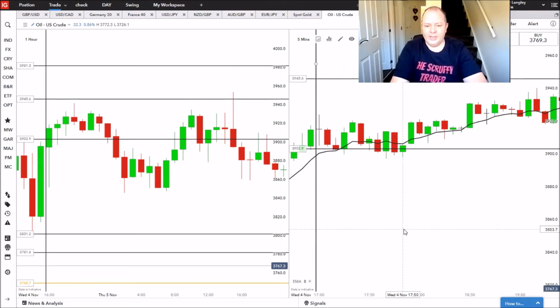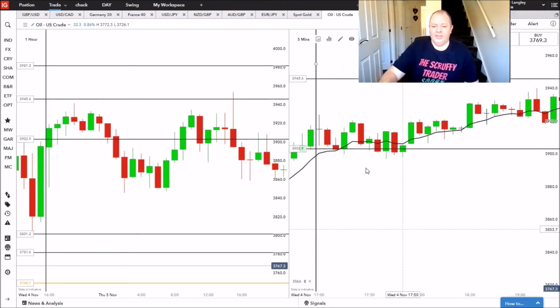Well, it's fast enough to give you a signal, but slow enough to keep you out of the noise. And if you ever do any reading on Japanese candlesticks, they were made up from an 8-period moving average. It just seems to be the benchmark, if you like. You often hear it called the T line, target line.